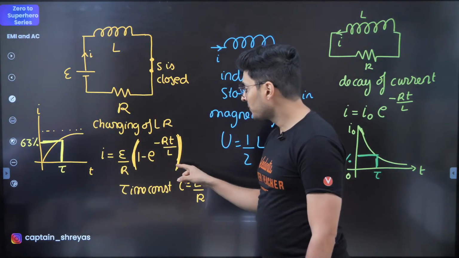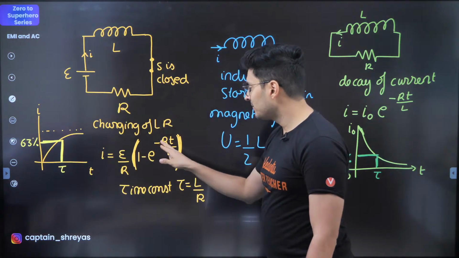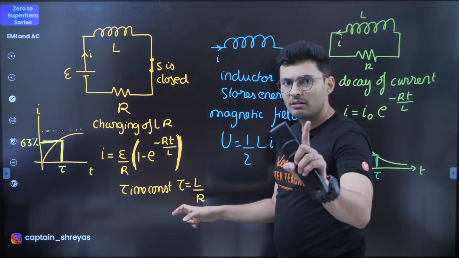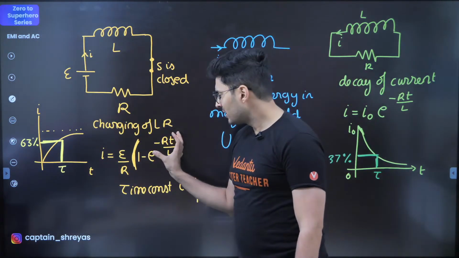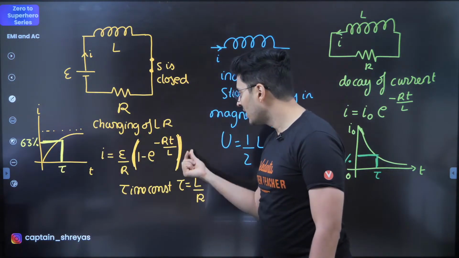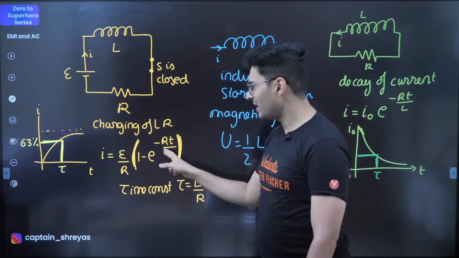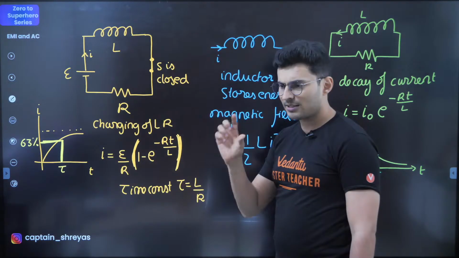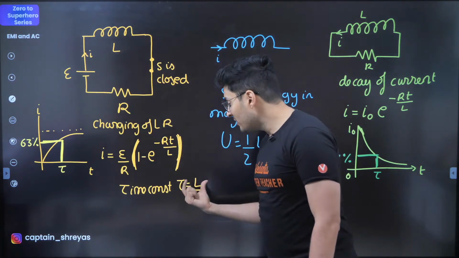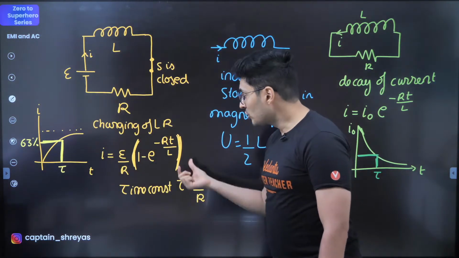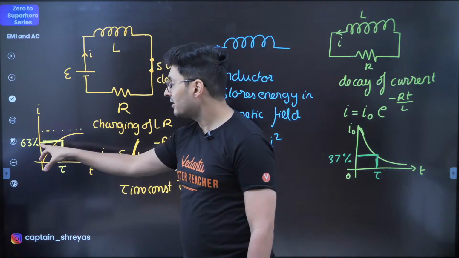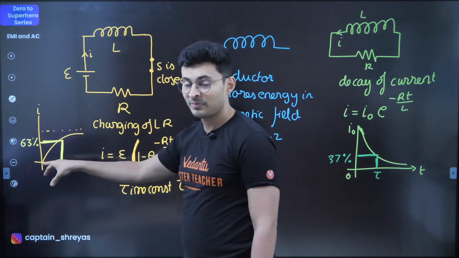In this formula, the value L by R is also called the time constant. The reason is that this function becomes very simple when you substitute the value of time as L by R, because it will become e raised to minus 1 and calculations become very easy. So when the time is one time constant, when you substitute it, you will see that this current is actually 63% of the final current.